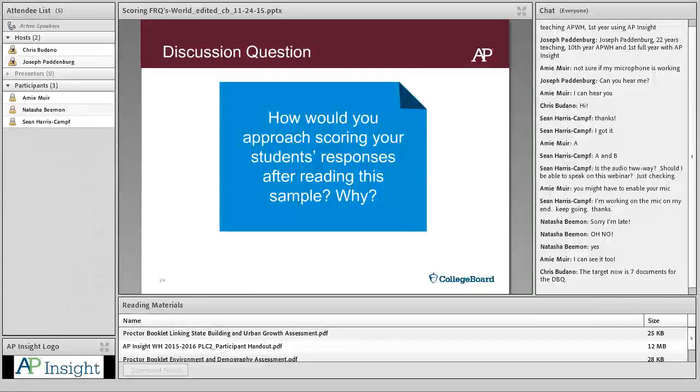So, now, after you've read the sample, let's say that was your sample, what would you do with your rubric here? Would you make any modifications to it at all? I would.